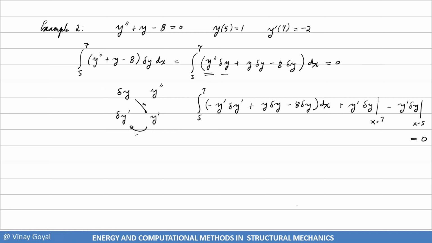So what you want to do is look at the boundary conditions. Since y at 5 is 1, del y is specified, so del y has to be 0, so this goes away. Y prime at 7 is minus 2, so you're going to write that minus 2. And so now your functional I, which depends on y, is going to be equal to the integral from 5 to 7 of 1 half, again, here, that 1 half. Anywhere you see del y prime, make it y prime.